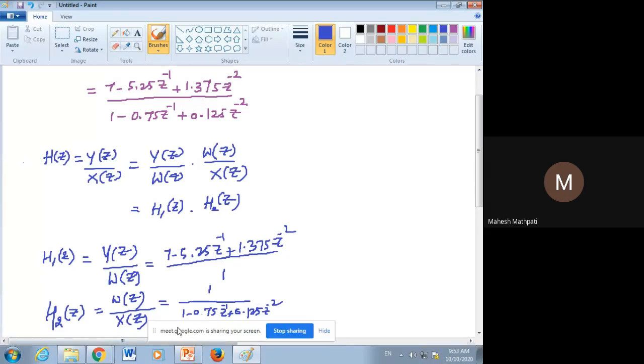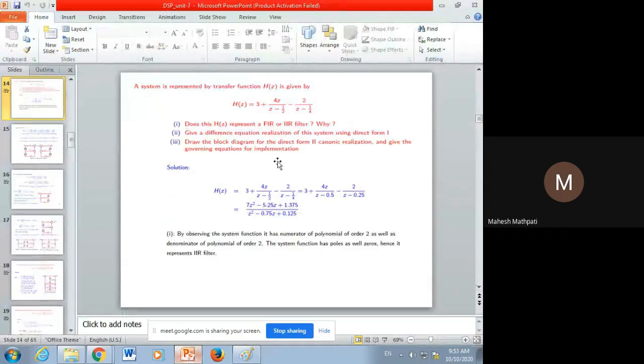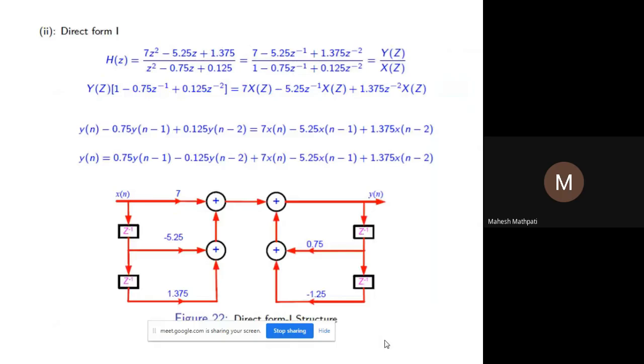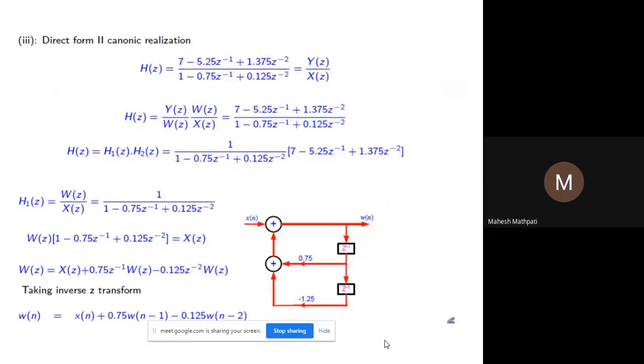So this is what was explained in the PPT also. So let us understand with that part. Okay, so this way he has taken H of z equals Y of z by W of z, or W of z by X of z, which equals H1 of z times H2 of z.